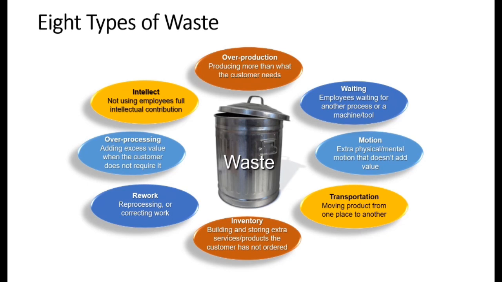I think we can remember these things happening as physicians and even as patients when we had family members who were sick. The fifth one, which is very important, so we said overproduction, waiting, motion, transportation, and very importantly, inventory. What we mean by this is excess stock of supplies, medications, or equipment that may expire or become obsolete before use.